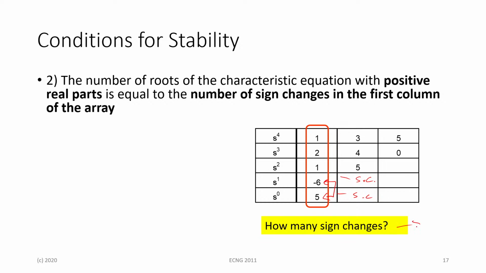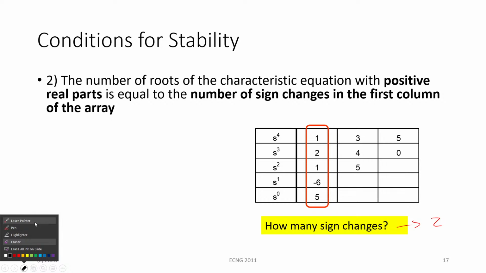So, in answering the question, we have two sign changes in particular. Those two sign changes occurred when we went from a positive value of 1 to a negative value of -6, so that was our first sign change.